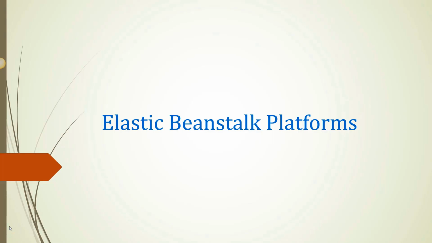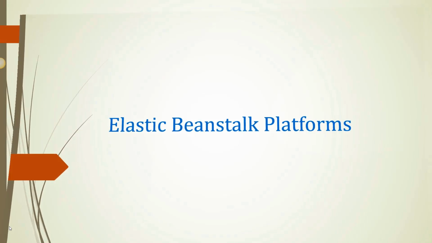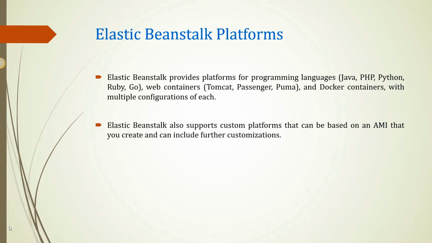Now let's talk about Elastic Beanstalk Platforms. Elastic Beanstalk provides platforms for programming languages like Java, PHP, Python, Ruby, Go, and web containers such as Tomcat, Passenger, Puma, and Docker containers with multiple configurations of each. Elastic Beanstalk also supports custom platforms that can be based on an AMI that you create and can include further customization.